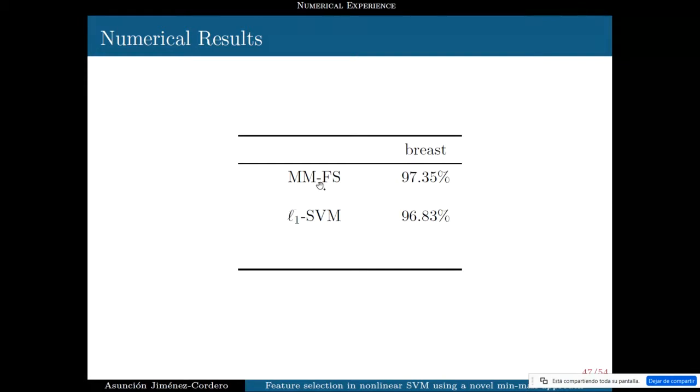In the last one, we have compared with the off-the-shelf strategy SVM, L1 SVM, sorry, and we see here that the results are also comparable in terms of accuracy. So, since both of them are off-the-shelf strategies, we decided to perform new experiments.